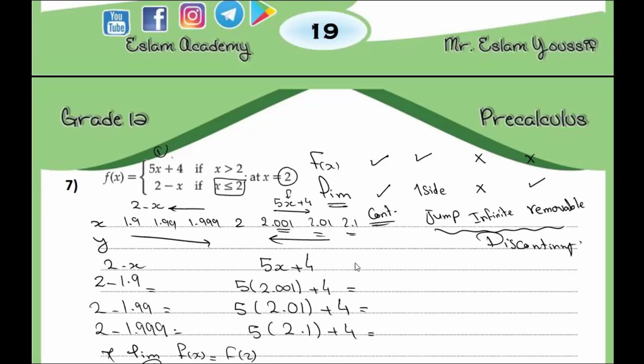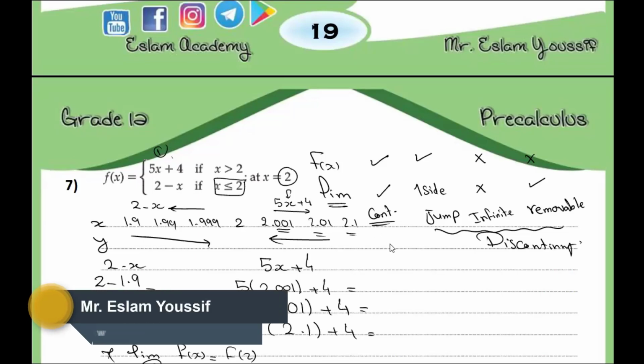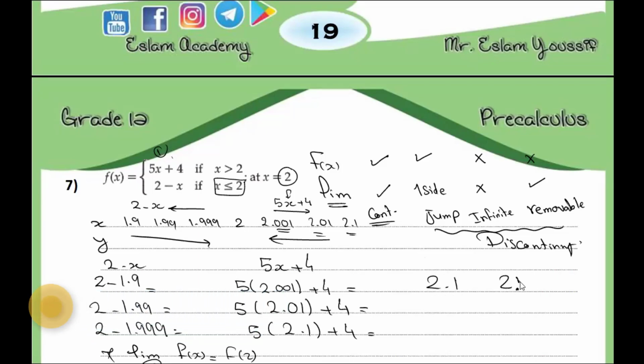When you have, again for this one, if you want to compare between 2.1 and 2.11, which one is greater? 2.11 is greater. It means now you are close to 2. No, it means you are going forward, to the right. Now we need to go to the left.